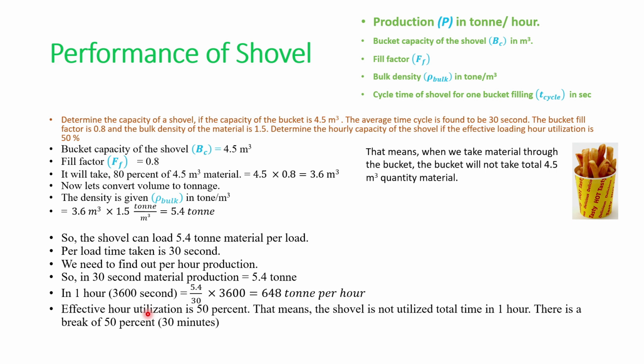Utilization is 50%, that means we are just utilizing half of that 1 hour. That means 30 minutes we are wasting. So hourly production will be 648 ton per hour into 0.5 because we are utilizing only half the time. So the hourly production will be 324 ton per hour.